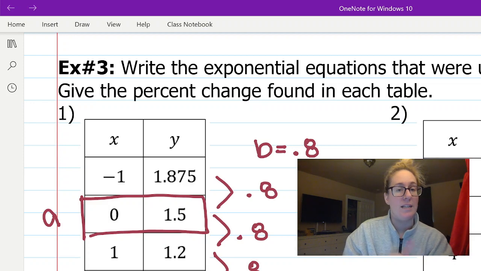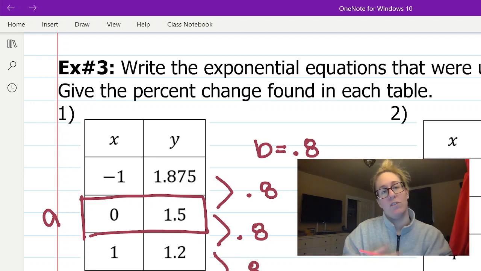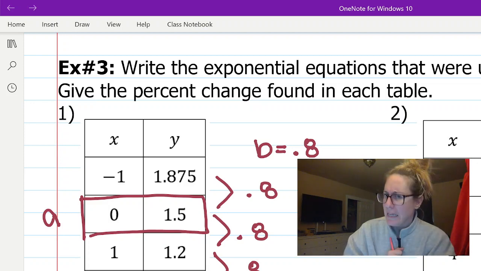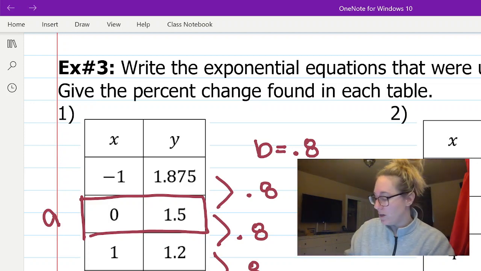Now the second part says give the percent change found in each table. Our base number is 0.8, so we have to ask ourselves first, is this an increase or decrease? It is a decrease. Hopefully we're all thinking that, because 0.8 is smaller than 1.0, so we know that it's a decrease.